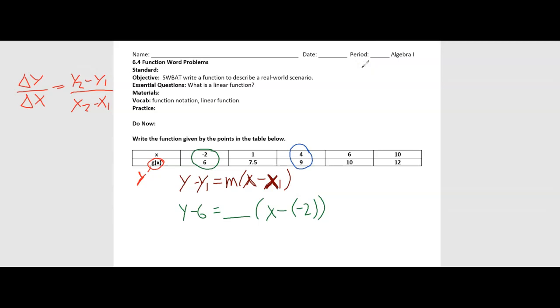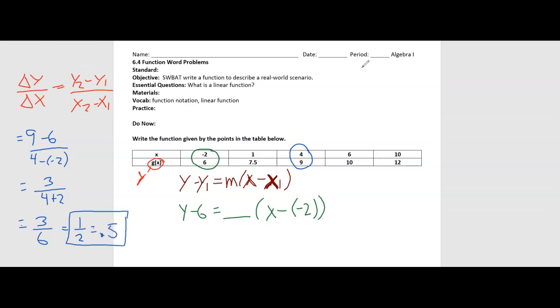So that is going to give me 9 minus 6 all over the quantity 4 minus negative 2, which gives me 3 over the quantity 4 plus 2, which gives me 3 over 6, which is equal to 1/2 or 0.5. Either way is acceptable because the decimal is exact. I'll use the fraction this time.